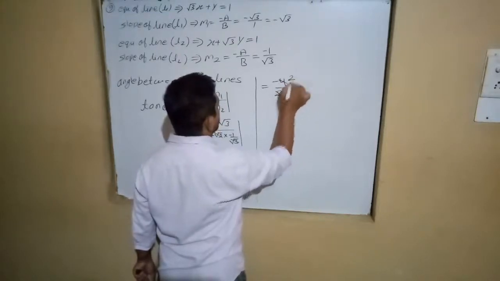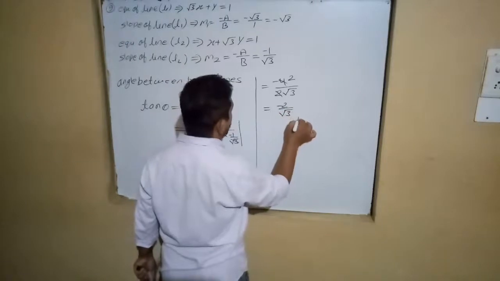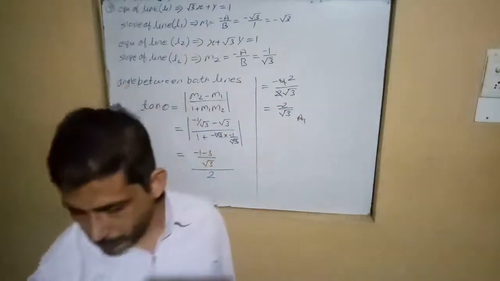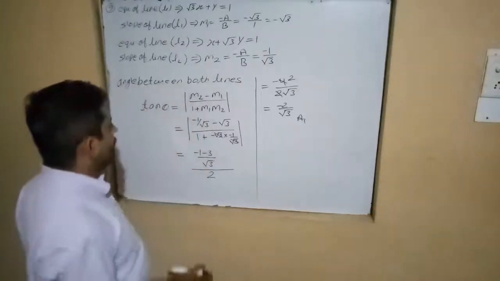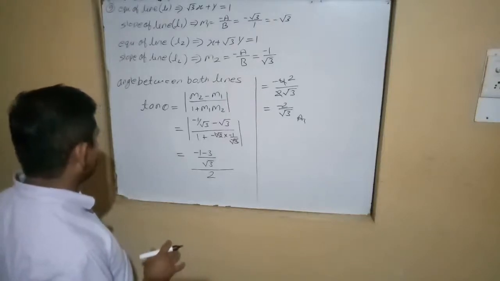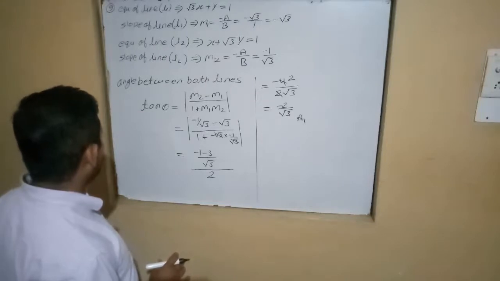So cutting it, it is equal to minus 2 upon root 3. This is the angle between both lines. This is question number 9, 30 and root 3 by 2, 2 by root 3. The cot value is coming here, right?